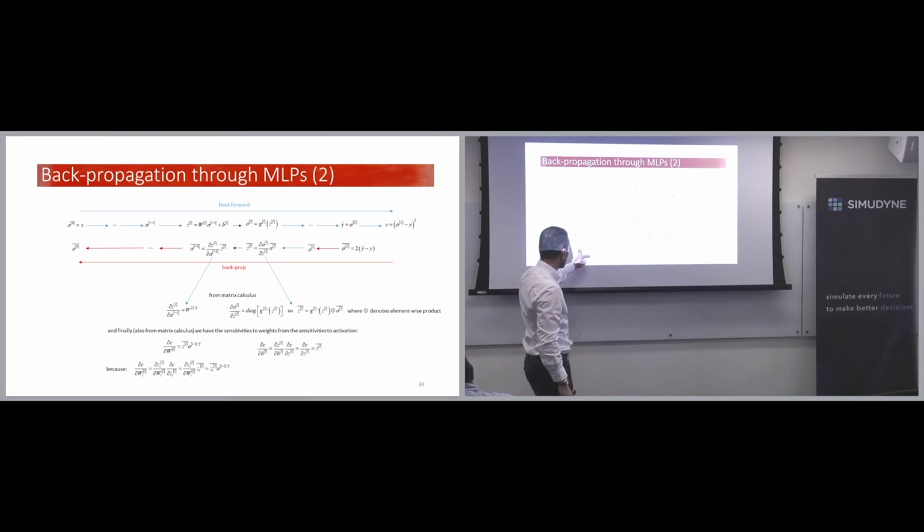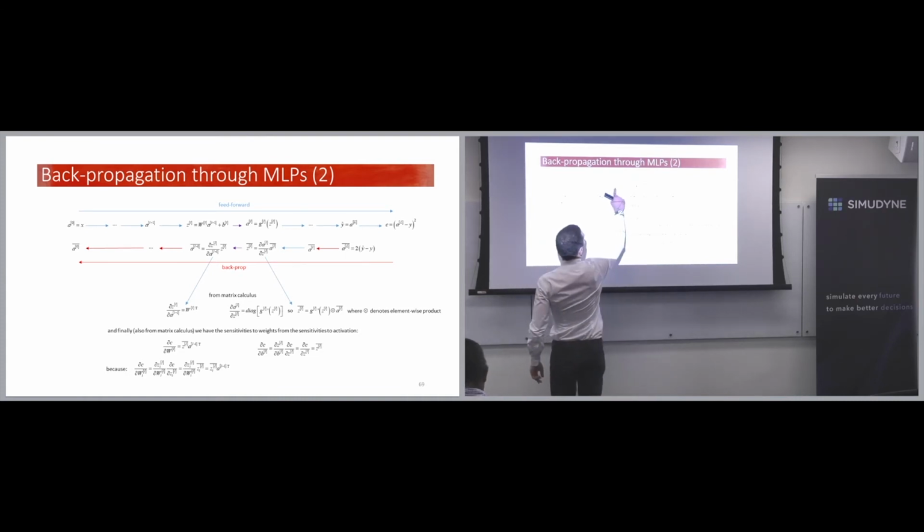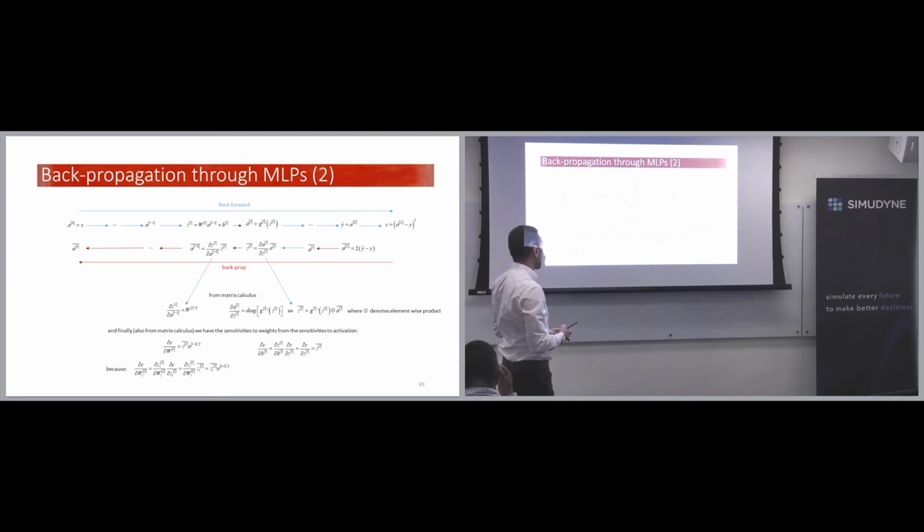Therefore, dC over dW for each row W, right? That will be dC over dZi times dZi over dW. And that will be, yeah, dZ over dW, but Z is W times A, so this will be just A transposed times the sensitivities, the adjoint of Zi.